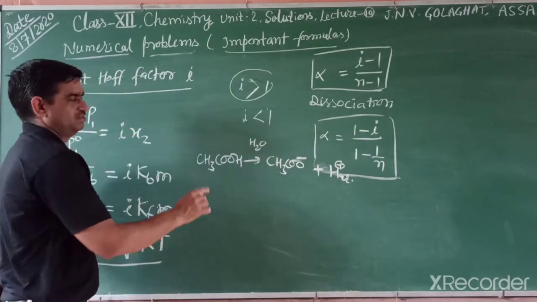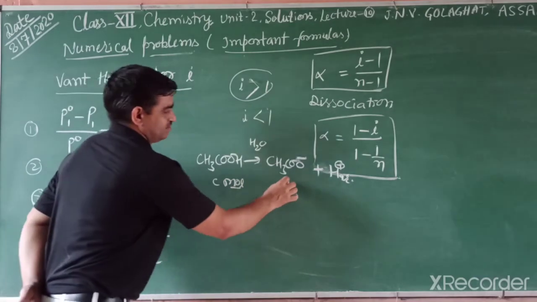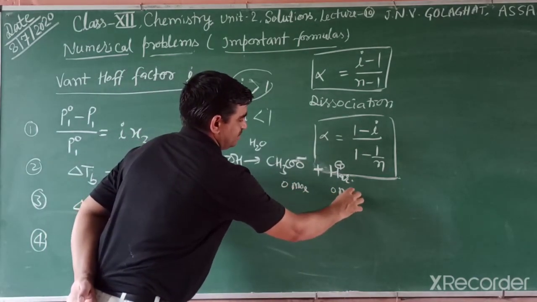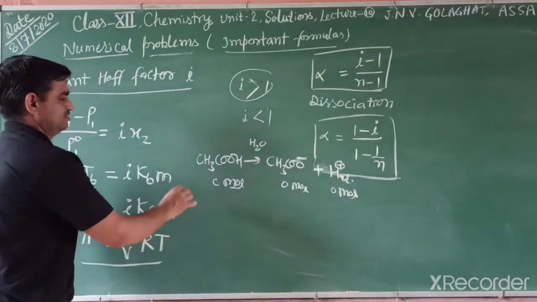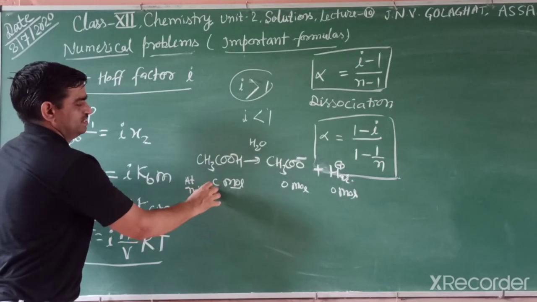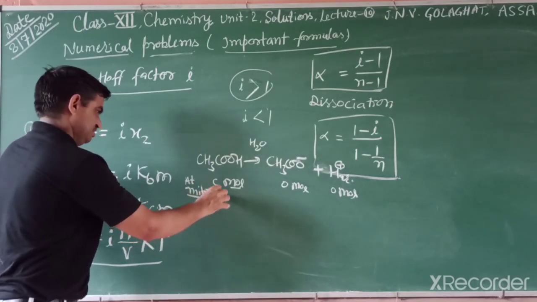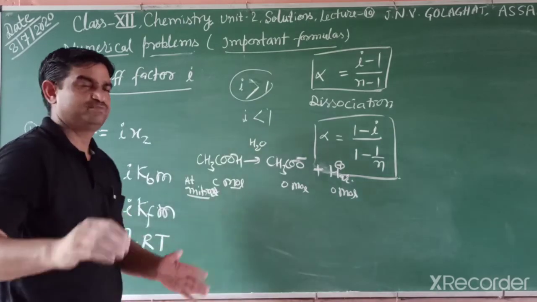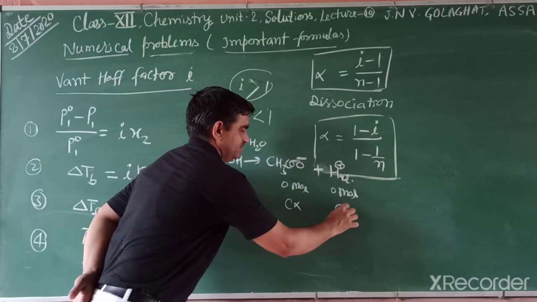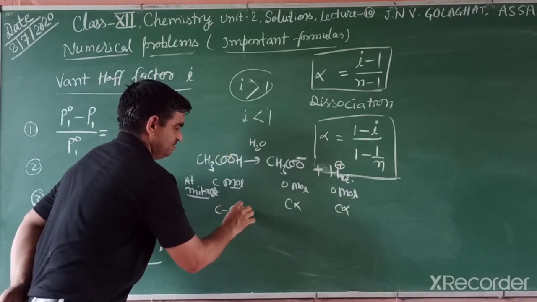The initial concentration is C mole, and the products are 0 mole each. We already discussed this in an earlier video. At equilibrium, after some time, C alpha of each product is formed, and the acid is C minus C alpha.